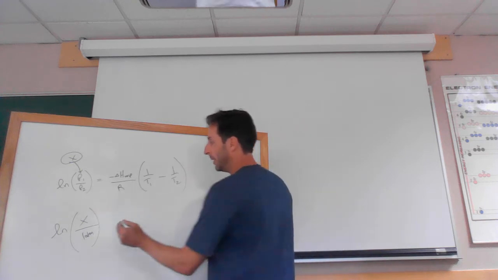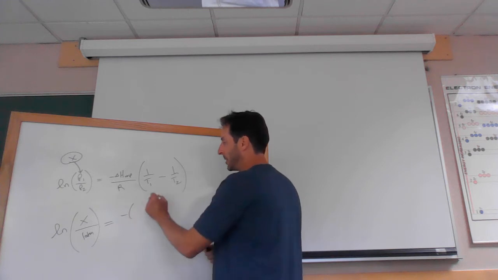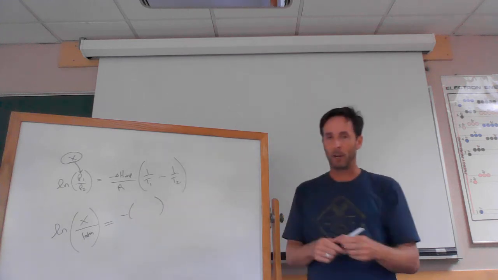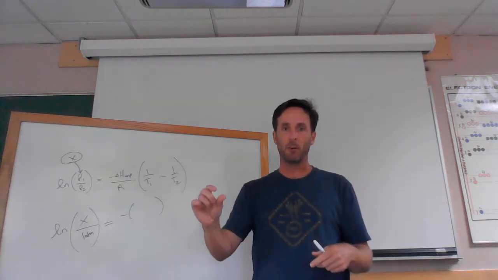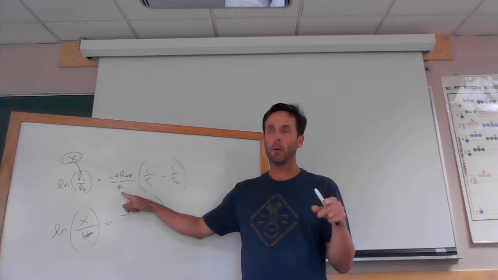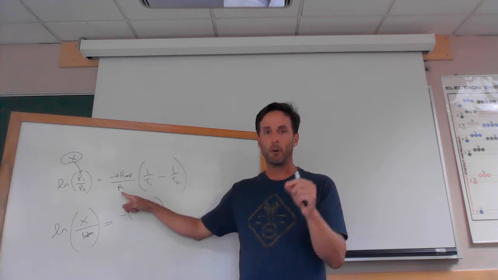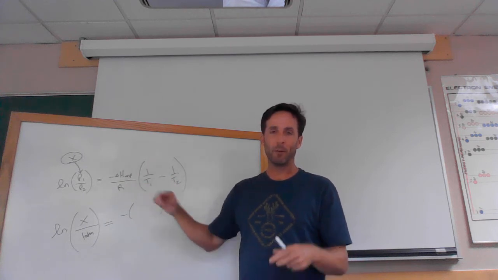All right? Equals negative delta H of vaporization. Well, delta H of vaporization, again, the problem said it was 40.67 kilojoules per mole, but R is going to be 8.314 joules per mole Kelvin. I can't have one of them in kilojoules and the other one in joules. That won't work.